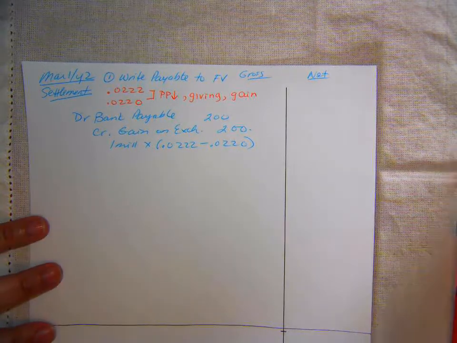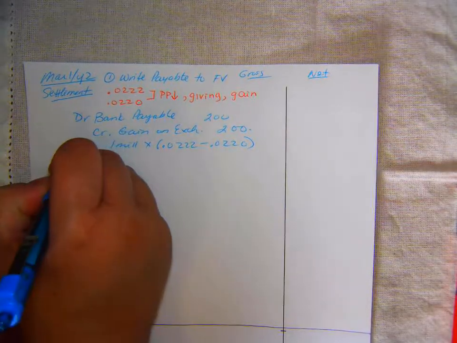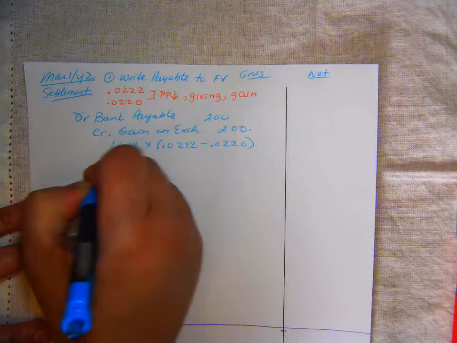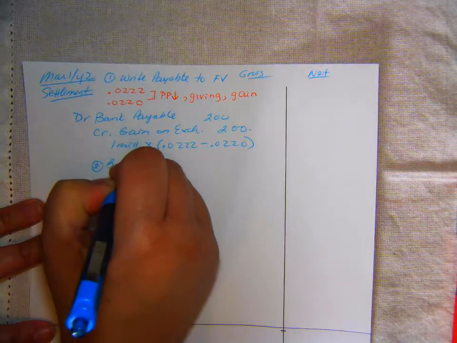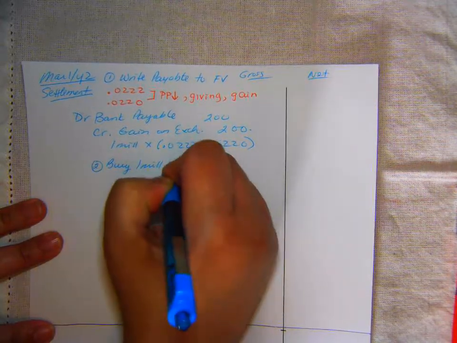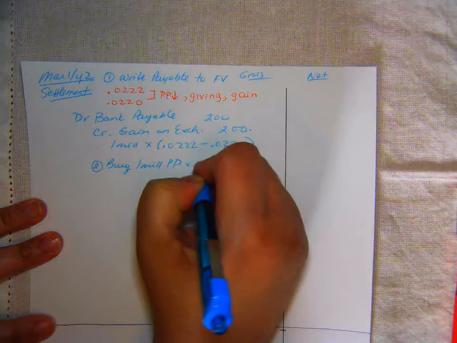Okay, so next thing we have to do is buy the pesos, 1 million Filipino pesos, and give to bank.